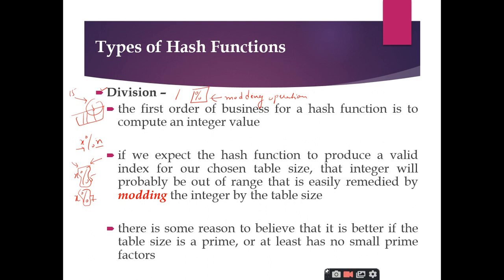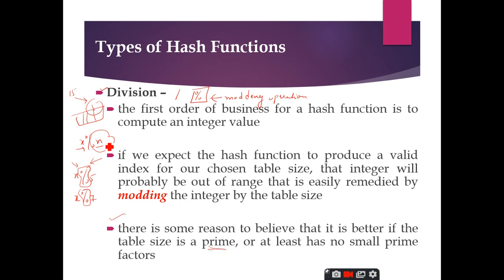And as I told you, there are some mathematical proofs which show that modulo division with a prime number has fewer collisions. So there are some reasons to believe that it is better if the table size is a prime number.